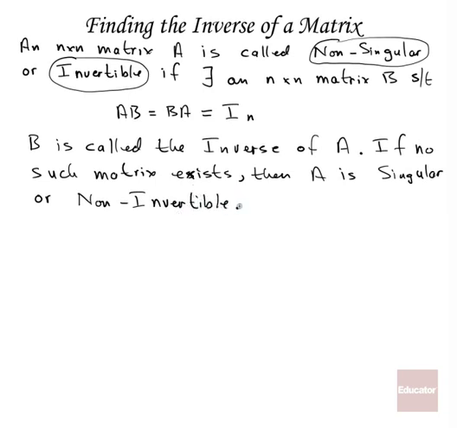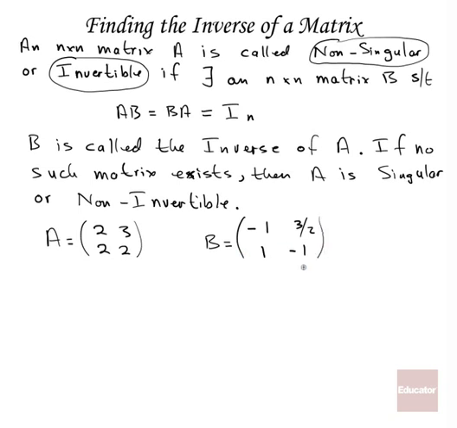Okay, so let's just take an example. A nice little 2 by 2. We have 2, 3, 2, 2. This matrix right here. And again, use mathematical software. It gives you the inverse just like this. So B happens to be -1, 3/2, 1, -1.